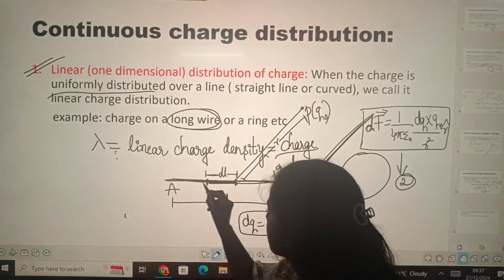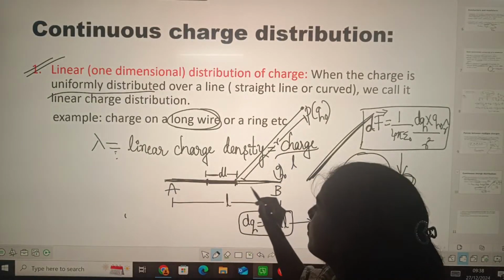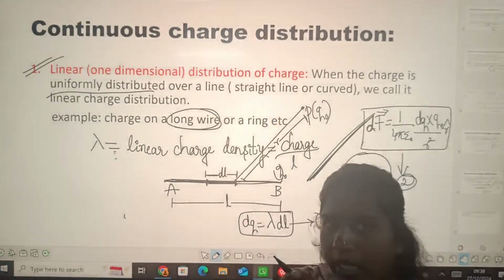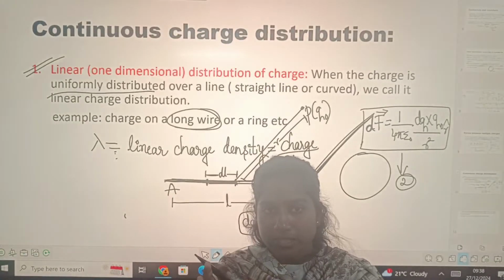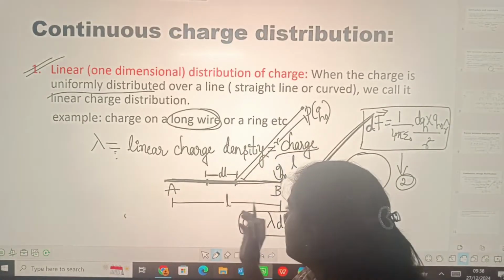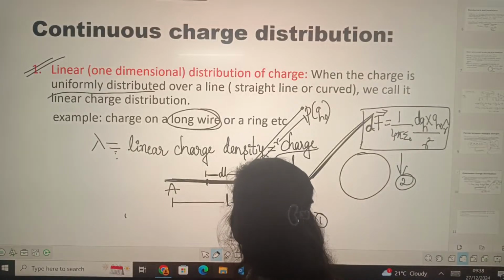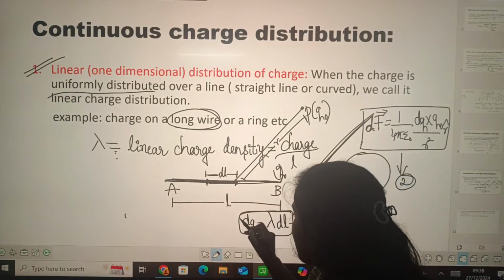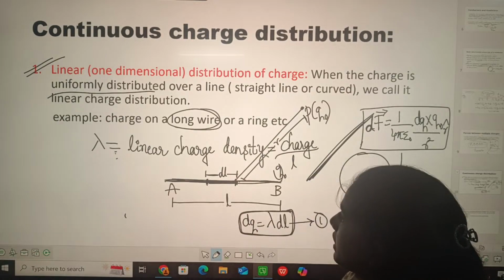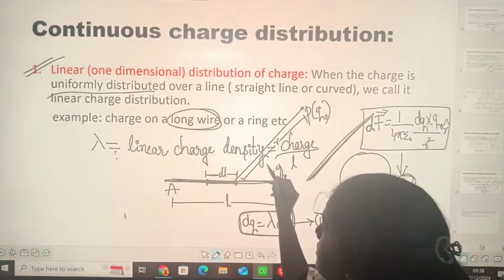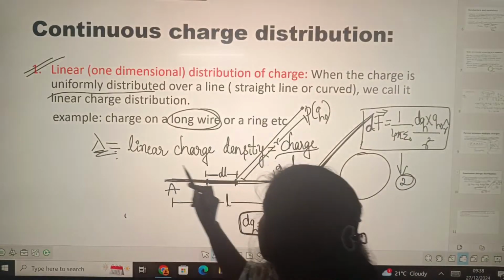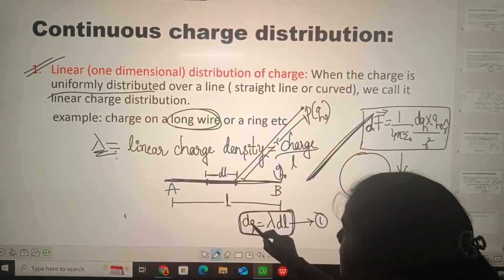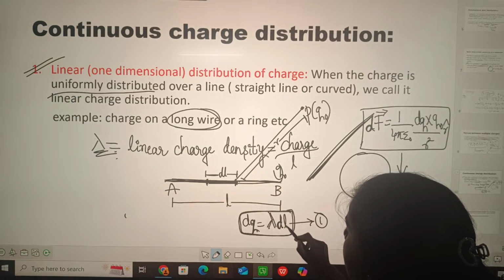We have considered the line wire AB whose length is L, and in it we have taken a small length dl. The linear charge density is denoted as lambda, so the small charge is lambda into dl.